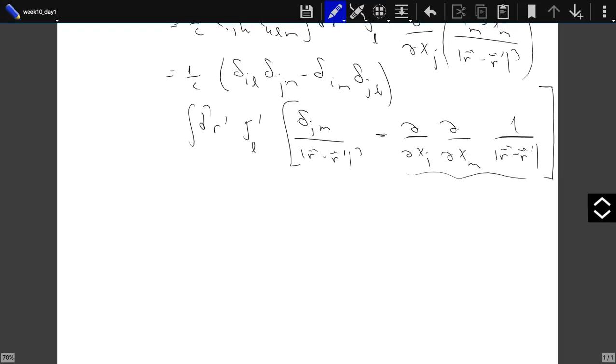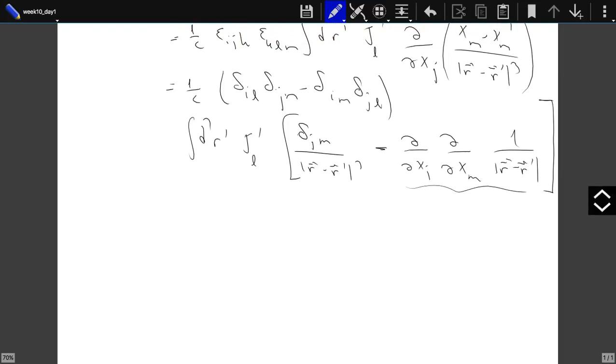Can we continue with it? Sure. Now let me first study that derivative. So let's find an expression for that derivative. I will be basically looking at this derivative of 1 over r. I don't want to write R minus R prime, etc. At the end, eventually, I would just replace r with R minus R prime. Now, if you just take the derivative in a straightforward manner, this will give me del over del x j.